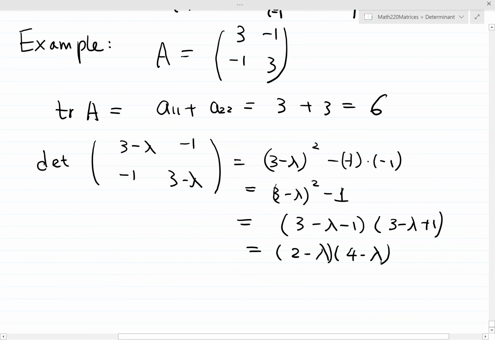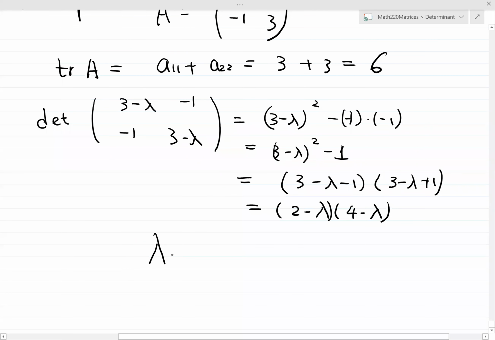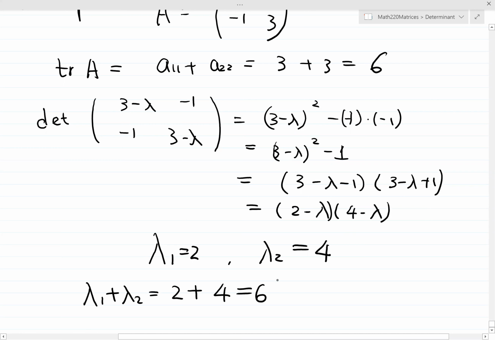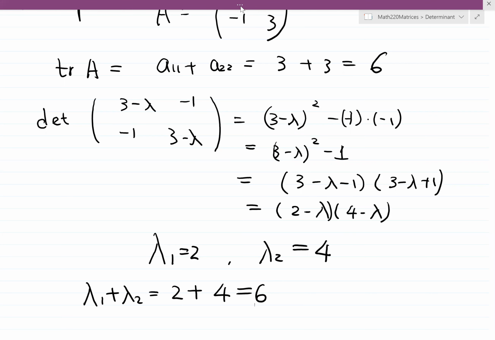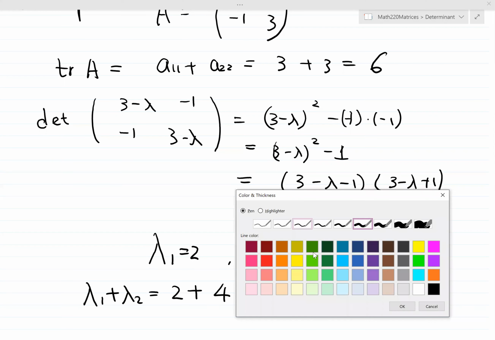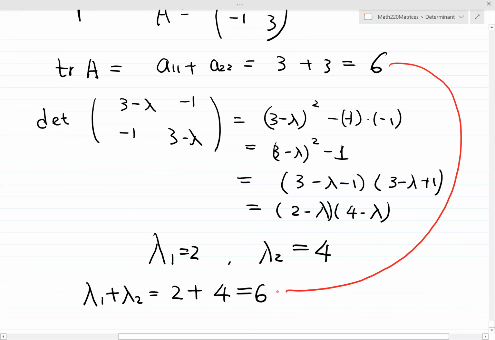So we have 2 eigenvalues, lambda 1 equal to 2, lambda 2 equal to 4. You check lambda 1 plus lambda 2 is 2 plus 4, which is 6. So 6 equals 6.